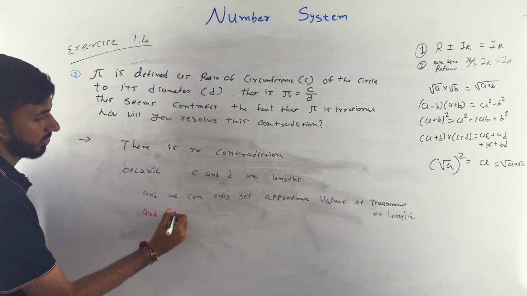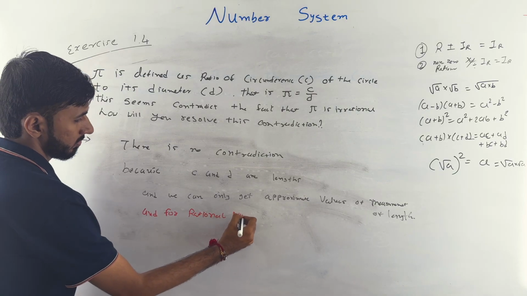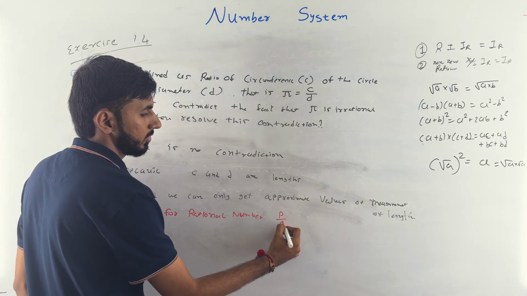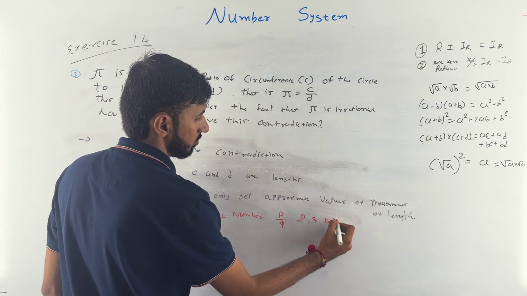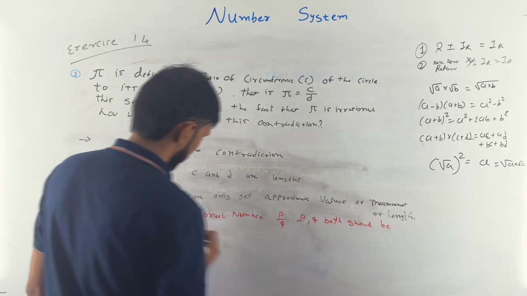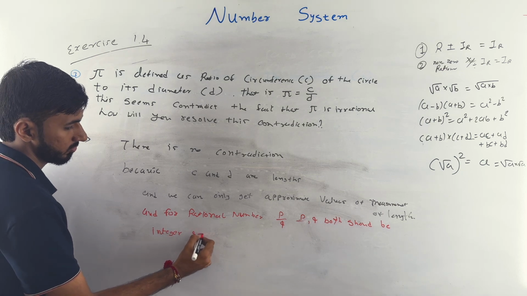And for a rational number, p by q, p and q both should be integers, and q does not equal 0.